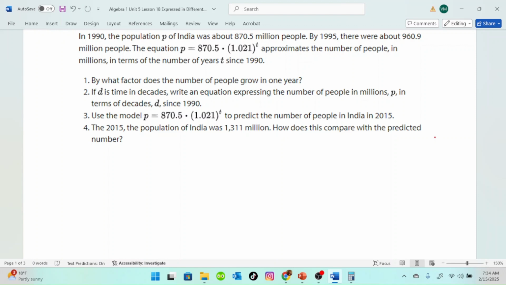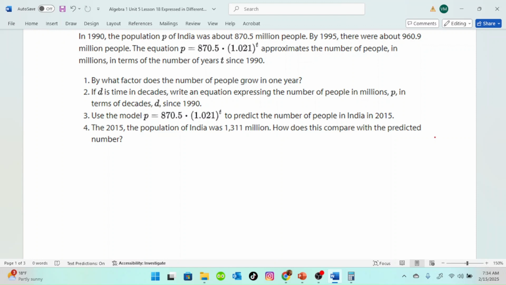The equation P equals 870.5 times 1.021 to the power of t approximates the number of people in millions in terms of the number of years t since 1990. Number 1 wants to know, by what factor does the number of people grow in 1 year?